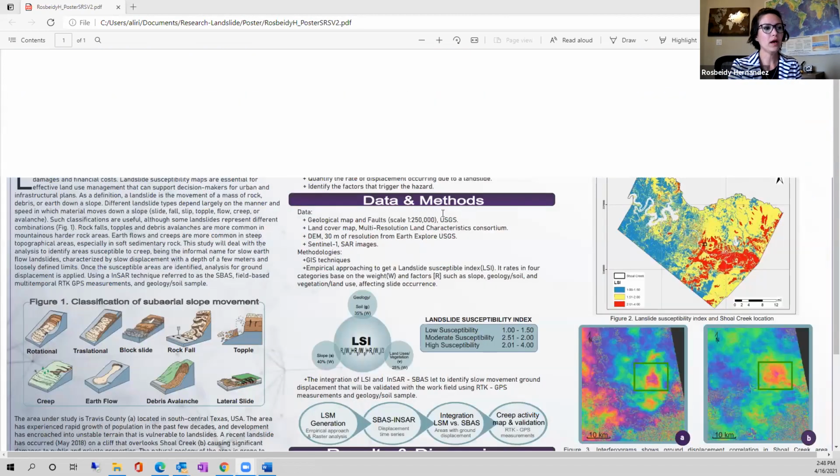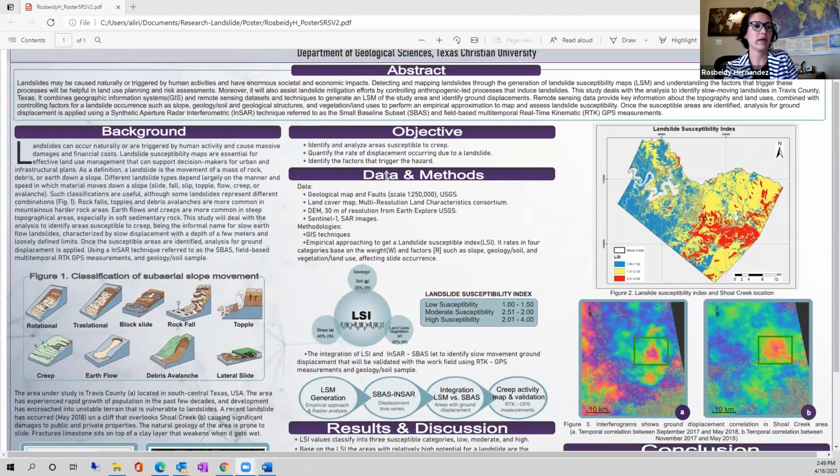The main objectives of my study are to identify and analyze areas susceptible to creep, quantify the rate of displacement occurring during landslides, and also identify the factors that trigger the hazards. The data and methods that I applied were a geological map, land cover, a DEM of 30 meters of resolution, and Sentinel-1 SAR images.